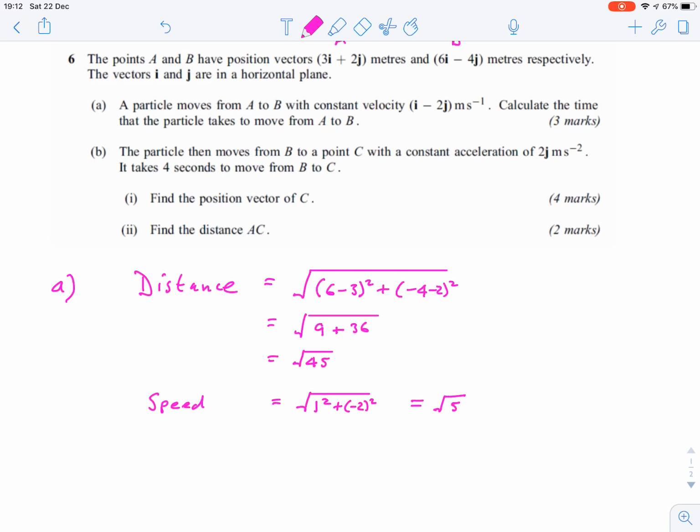So I can now say that the time taken to travel from A to B is the distance divided by the speed, since the speed is constant, which is root 45 divided by root 5. And using surds, that's the square root of 45 divided by 5, which is the square root of 9, and so the time is 3 seconds.